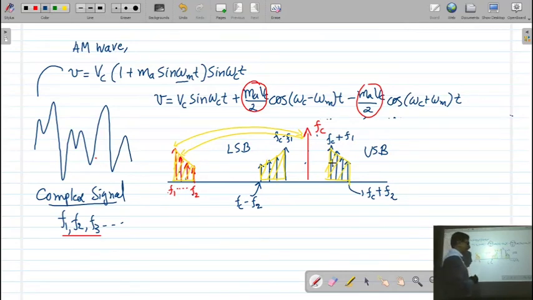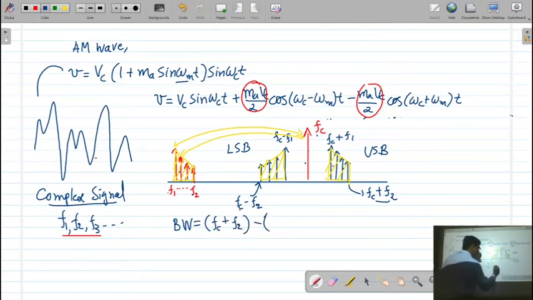Now in this case, if you calculate the bandwidth, then we can write the maximum frequency as fc plus f2 and the minimum frequency as fc minus f2. Correct?